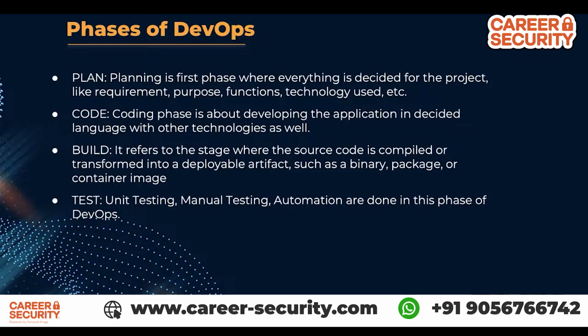So for all these functionalities, which programming language are we going to use, which type of DB are we going to use, are we going to host it on the cloud or on-prem, and which version of the DB are we going to use? All of these things are done in the planning phase. This is a phase of DevOps. We are discussing the phases of DevOps. This is the first, plan. After all of those things are finalized, okay, Python is going to be our programming language, and MySQL is going to be our DB.